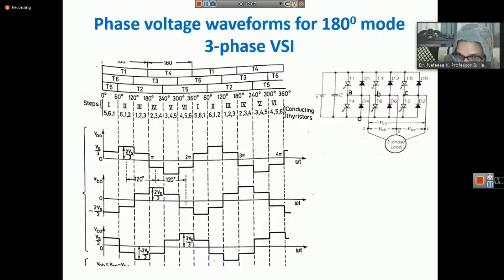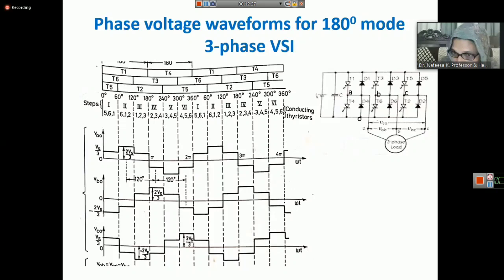For finding this, the stator windings are star connected. In each interval, either one thyristor from the top group and 2 thyristors from the bottom group will be conducting, or 2 thyristors from the top group and 1 thyristor from the lower group.